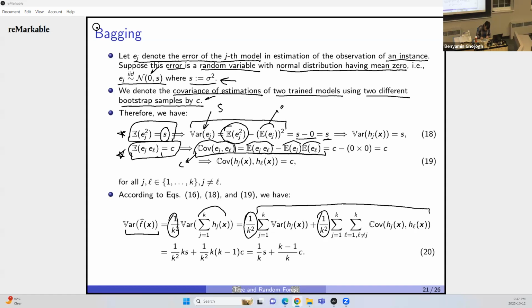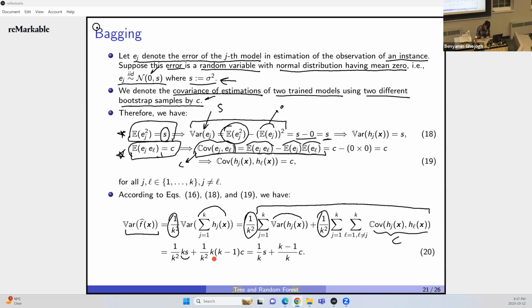Then, what is this? What is the variance of HJ? S. So I have the summation of S, so I have k times S. What is the covariance of HJ and HL? We just said we denoted it by C, right? So I have the summation of C. How many times?